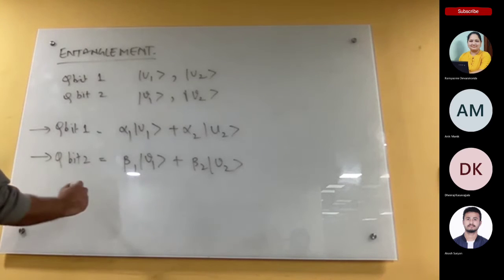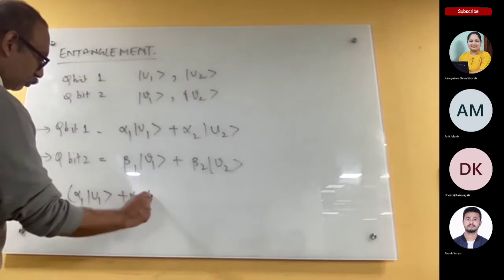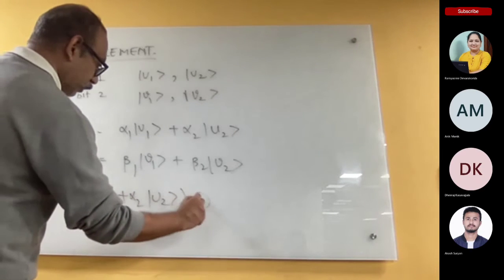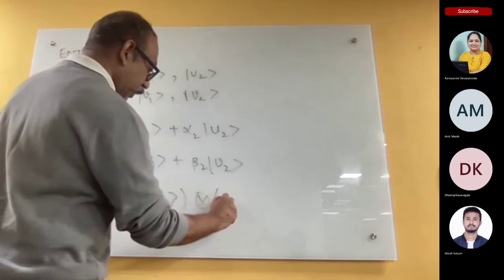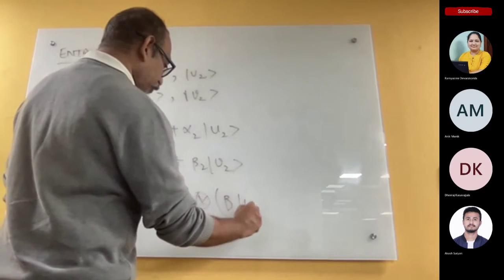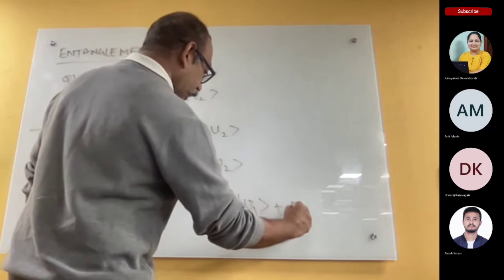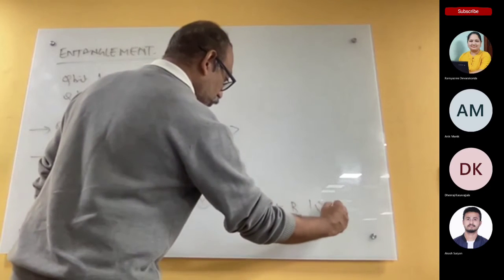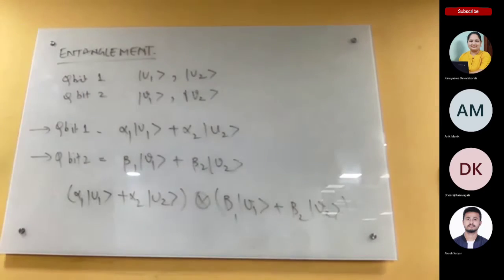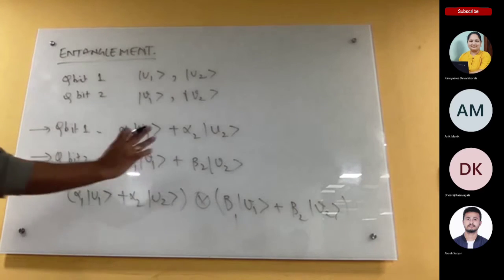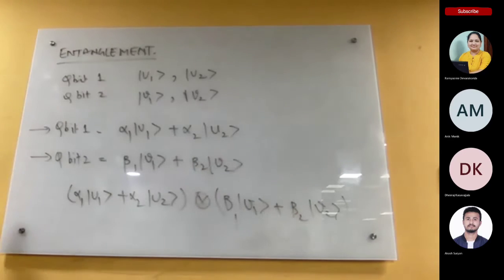That's what we talked about in the introductory session. So that becomes (alpha 1 U1 plus alpha 2 U2) tensor product (beta 1 V1 plus beta 2 V2). This is the combined state of those two qubits.